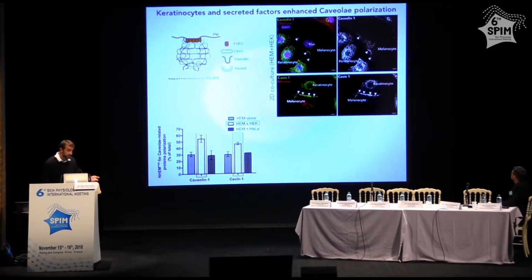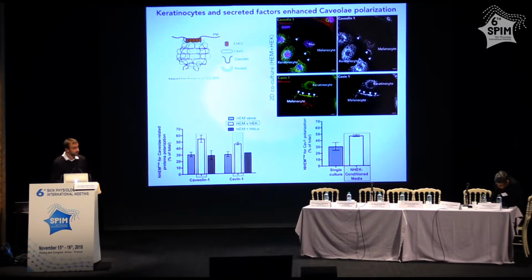Clearly, when melanocytes are grown together with keratinocytes, this enrichment and polarization of caveolae is much more increased, or at least maintained. Since keratinocytes secrete factors, we also decided to test whether the secreted factors might have a role. For that, we grew melanocytes in keratinocyte conditioned media. And here again, we observe an increase in caveolae polarization. This means that keratinocytes can secrete factors, and somehow these factors can tell the melanocyte, okay, you have to maintain your caveolae.